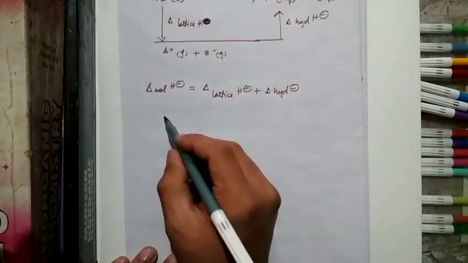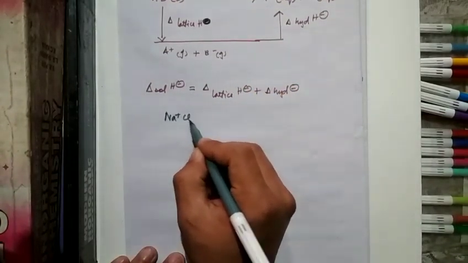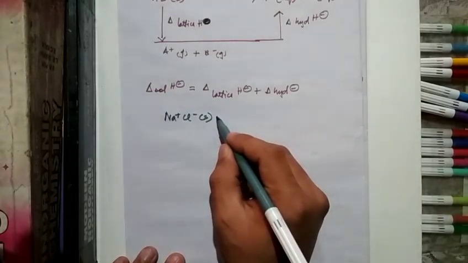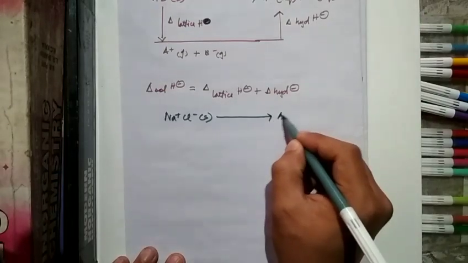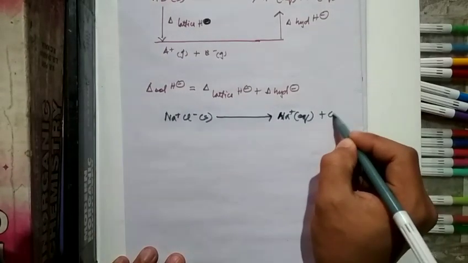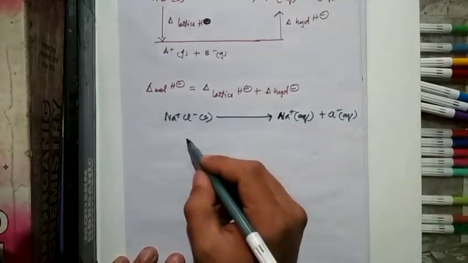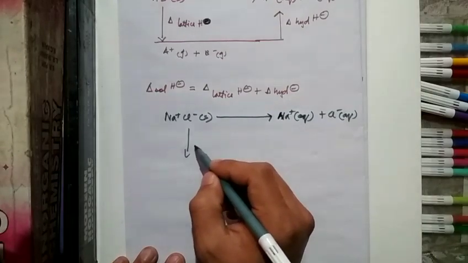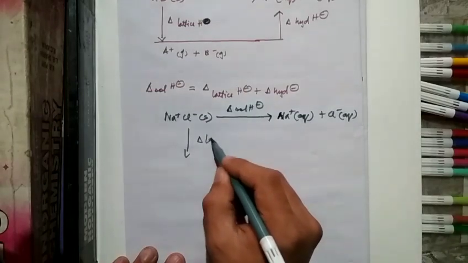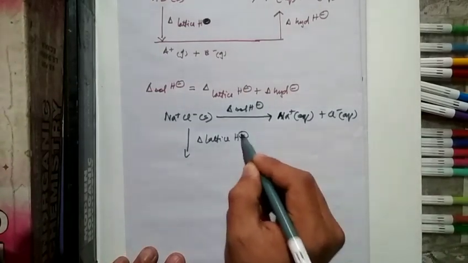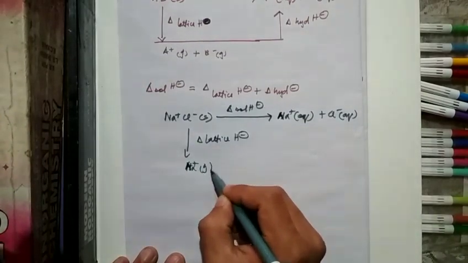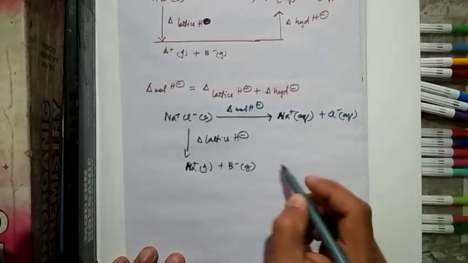For better understanding, let's take Na plus Cl minus. Suppose this is solid. So this solid breaks into Na plus aqueous plus Cl minus aqueous. The steps involve lattice enthalpy giving Na plus gas and Cl minus gas.